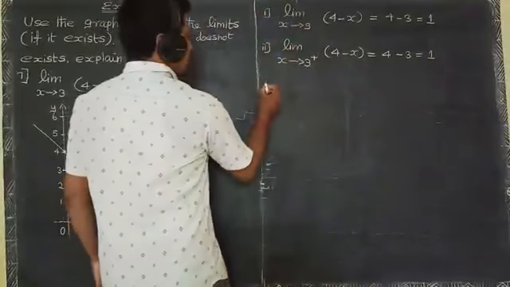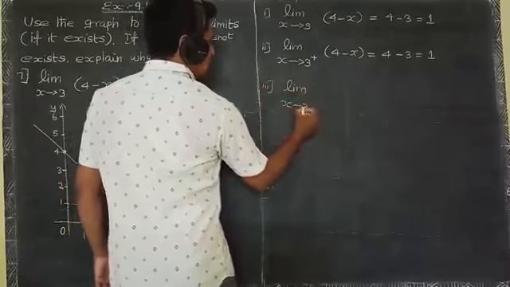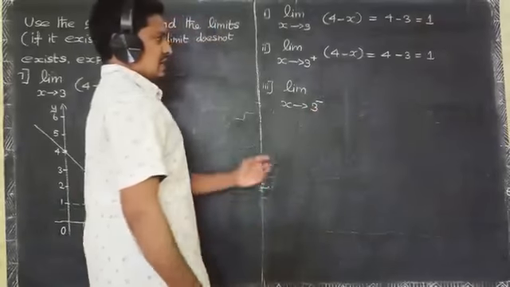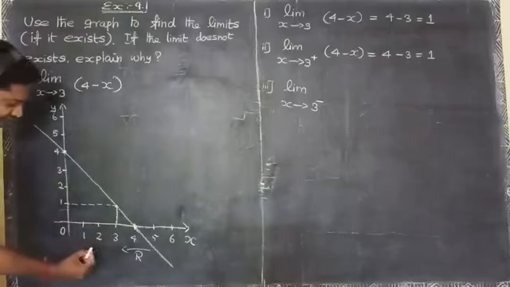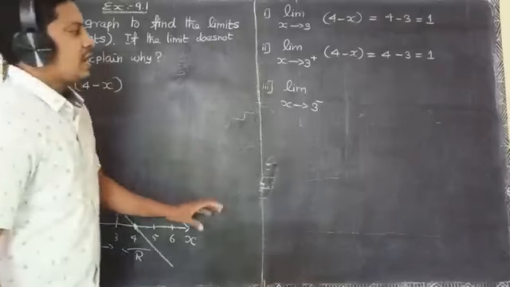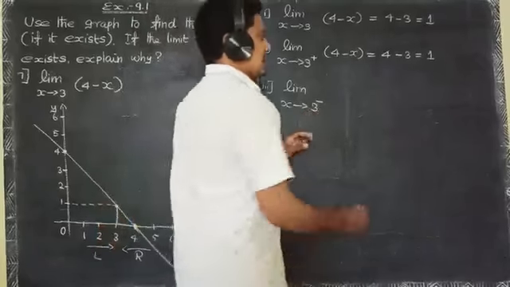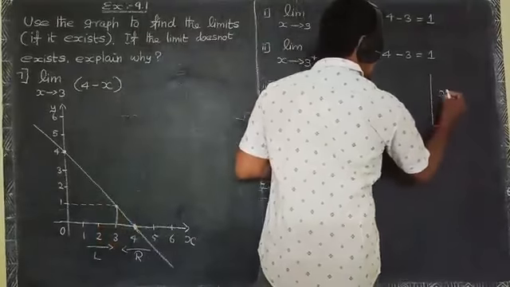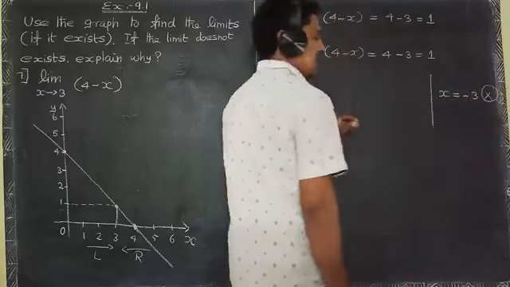In the third one, limit x tends to 3 minus. Here 3 minus means x approaches 3 from the left side. Here don't consider x equal to minus 3, which is wrong.